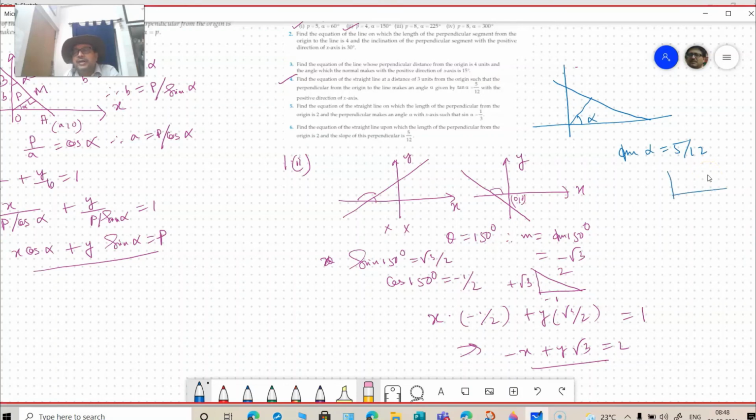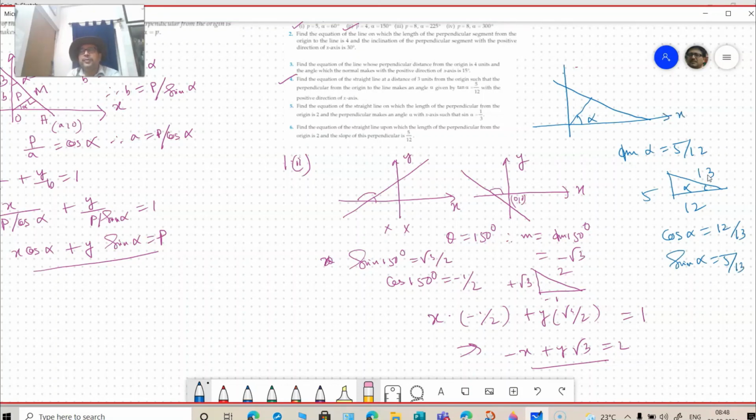So you can draw a triangle like the previous case. This is alpha, this is 5, 12. By Pythagoras theorem, this will be 13. So cos alpha value will be 12 by 13. Sin alpha value is going to be 5 by 13, isn't it?